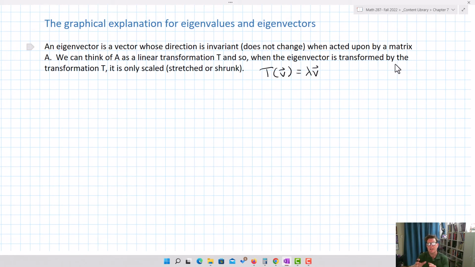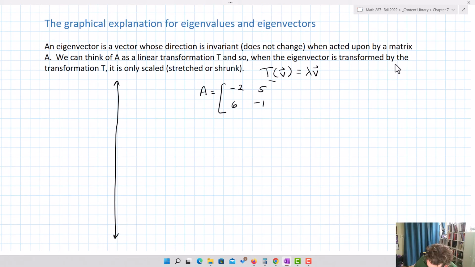What it does not do is change the direction of that vector. So for example, if I imagine the A that we saw before, A equals [-2, 5; 6, -1].